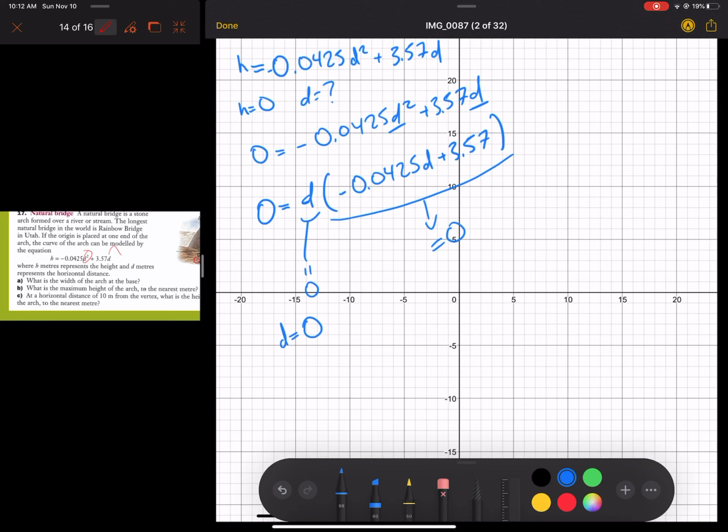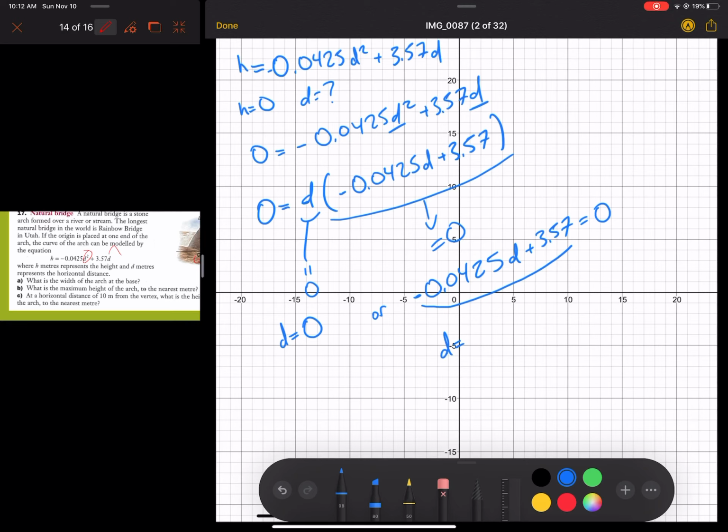Or when negative 0.0425 d plus 3.57 equals 0. So, what does that mean? That means if we solve for d, we'll get our second value.